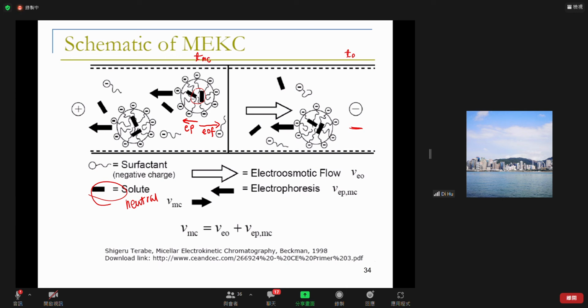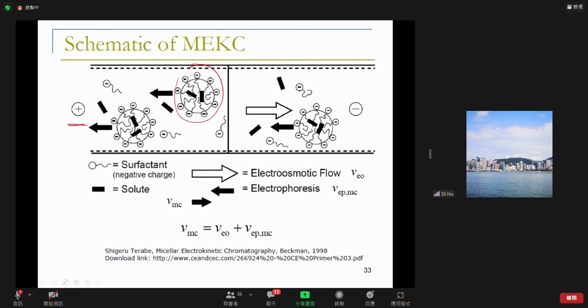And how about other compounds? If the compound has intermediate polarity, it can distribute between the micelle and the aqueous phase, depending on its polarity. Your compound will come out between T0 and TMC. Understand now? So the separation of neutral analytes is based on their partition between the aqueous buffer and the hydrophobic micelle core.